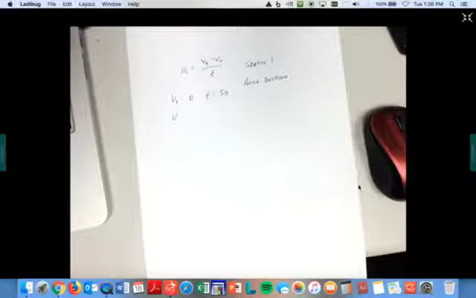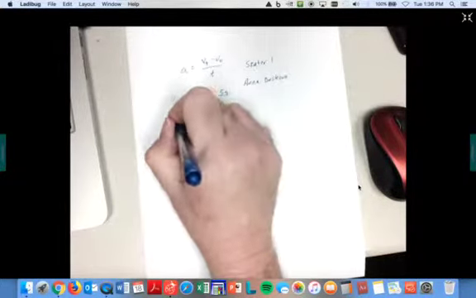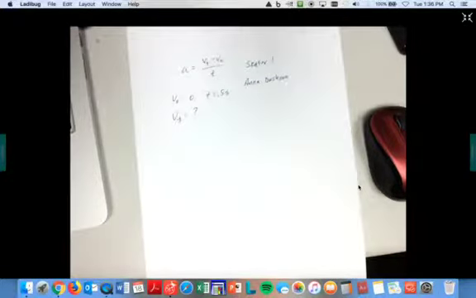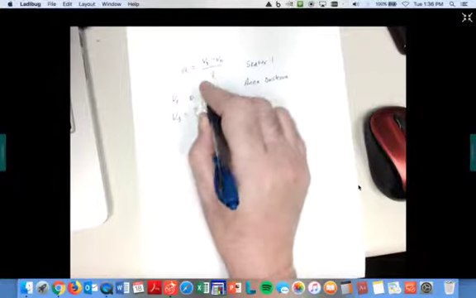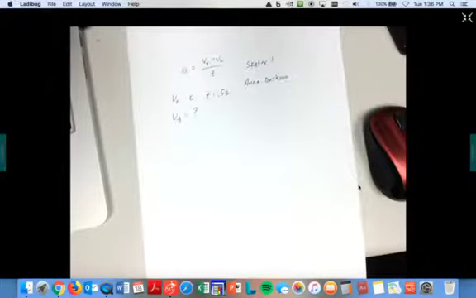All right. So what would be the final velocity? With what speed would she be taking off? Okay, so let's take a look. We can just assume that I want to find v final.